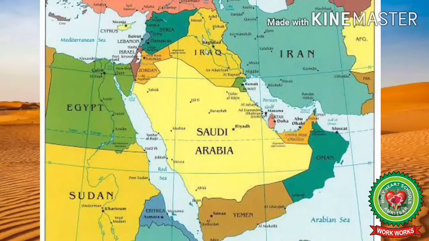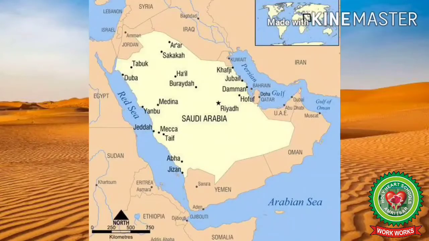Students, Saudi Arabia shares its land boundary with Jordan, Iraq, and Kuwait in the north, Oman and Yemen in the south, Qatar, Manama, Bahrain, and United Arab Republic in the east, and water bodies like the Arabian Sea in the south, the Persian Gulf in the east, and the Red Sea in the west.